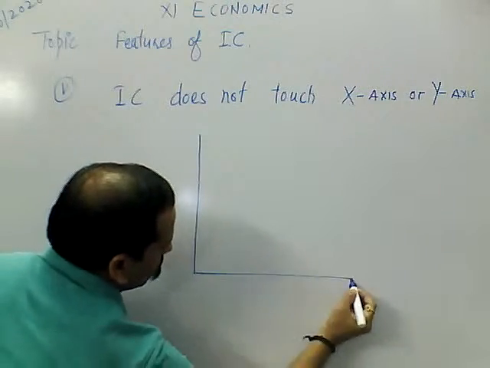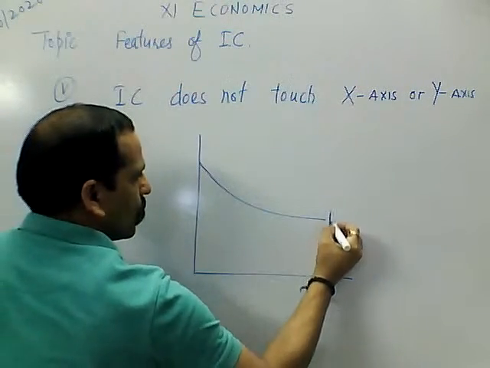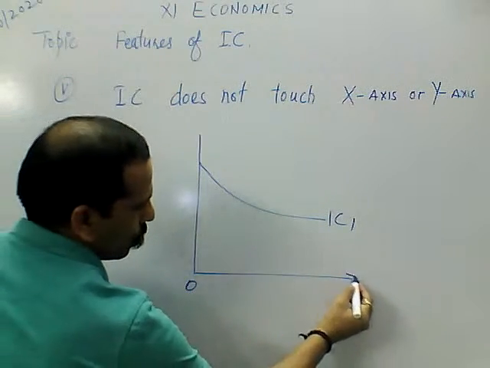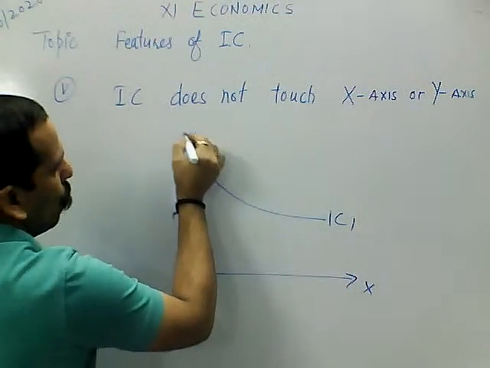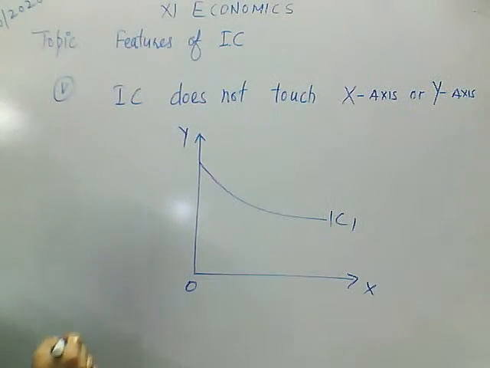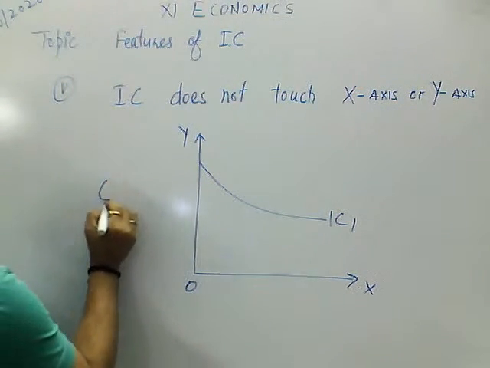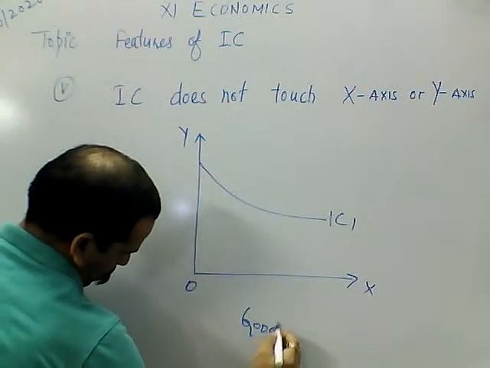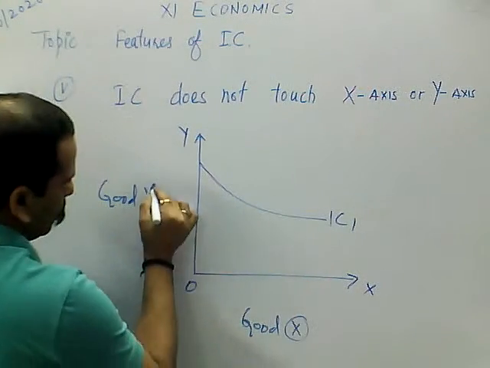Let me clear. Let this be indifference curve 1, with Ox and Oy commodity. Good y, good x.